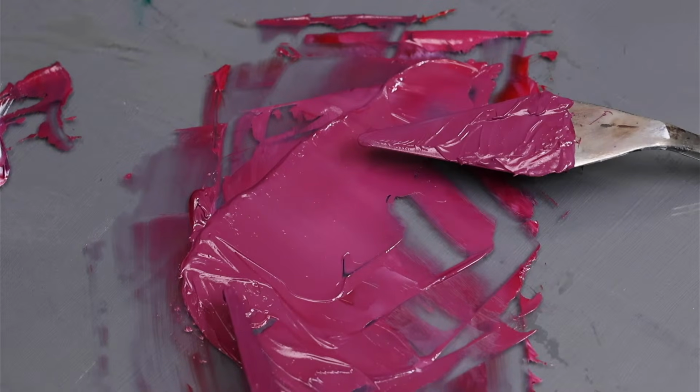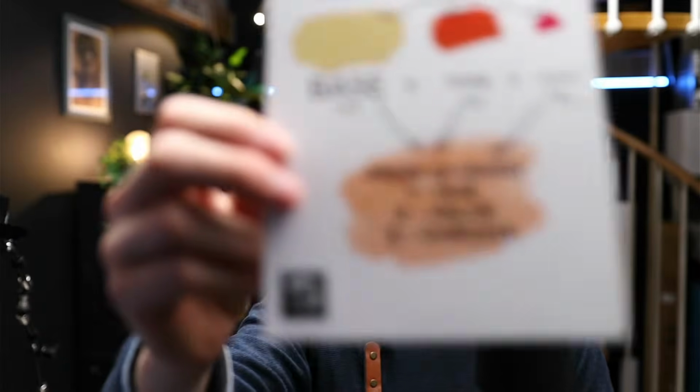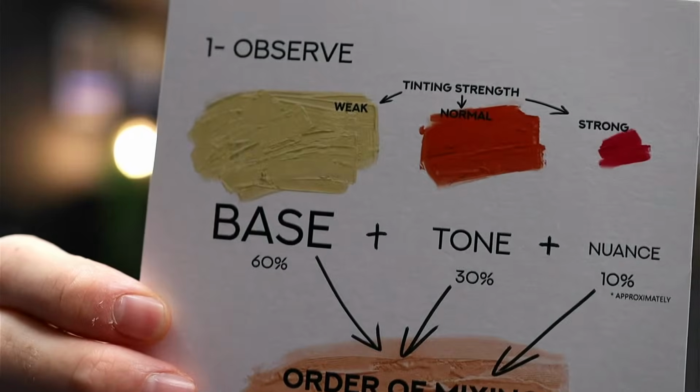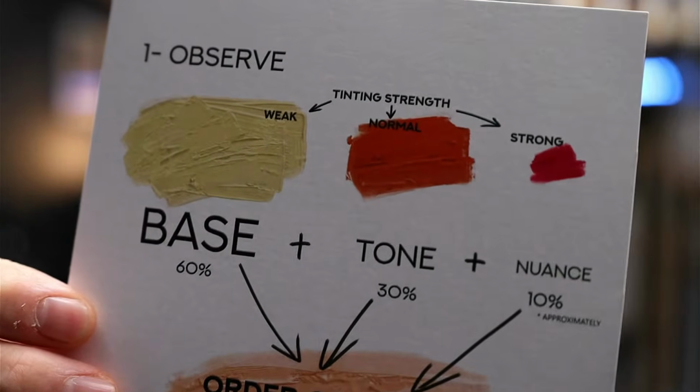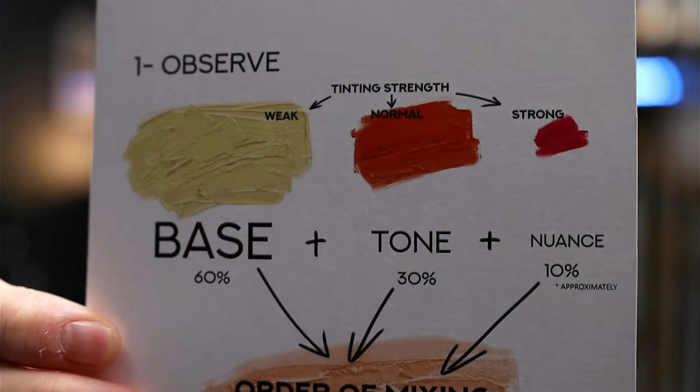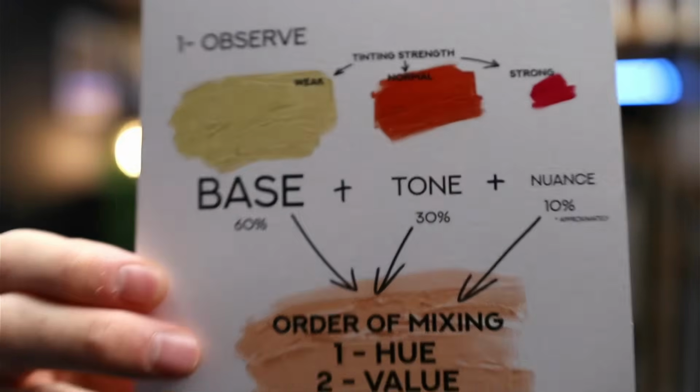So the formula is always the same. Base, tone, nuance. Base, tone, nuance. You start by picking your tone. It's the central one. And you find a base that's near and that's a little bit less chromatic. The base has to be slightly less strong than the tone.